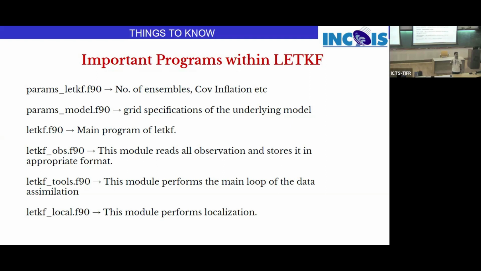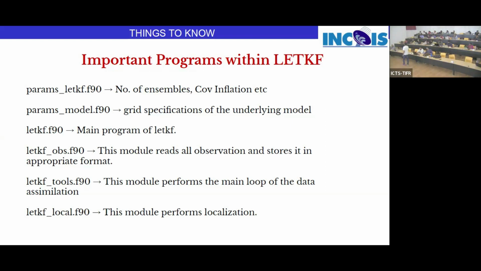If it is 20, you will mention it as 20. If it is 80, you will mention it as 80. Okay? There is also another variable which mentions the covariance inflation. There must be a comment on it. Yes, COV_INFL_MUL.